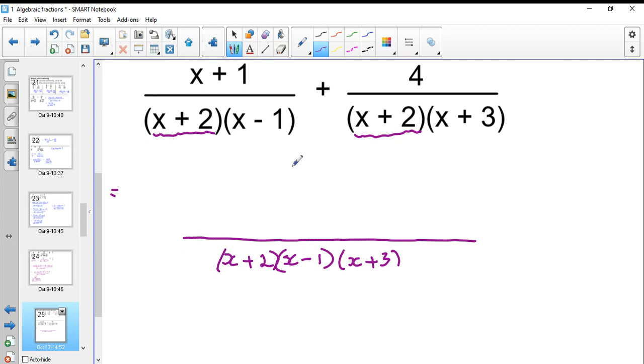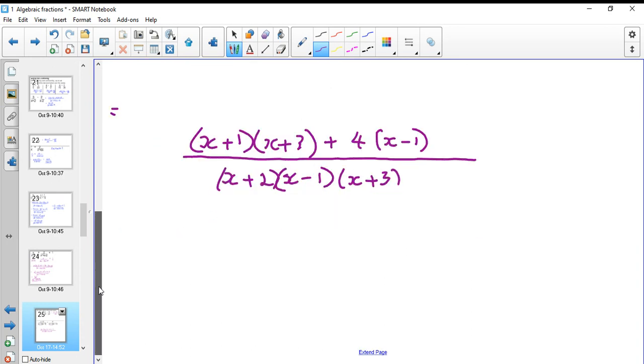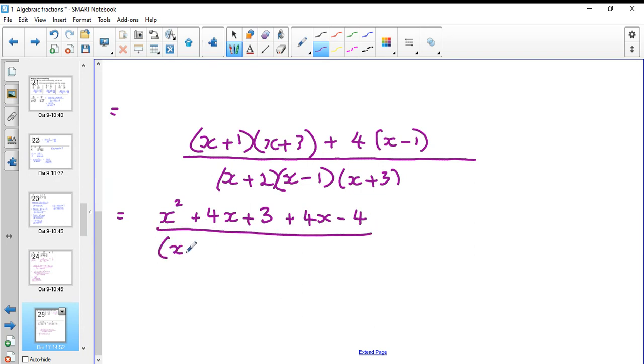Now we just need to adapt the numerators. To get from here to here, we need to multiply by x plus 3. And then to get from here to here, we need to multiply by x minus 1, so I'm going to multiply the 4 by the x minus 1. If we expand it out, x squared plus 3x plus 1x is plus 4x, plus 3, plus 4x minus 4, over x plus 2, x minus 1, x plus 3.